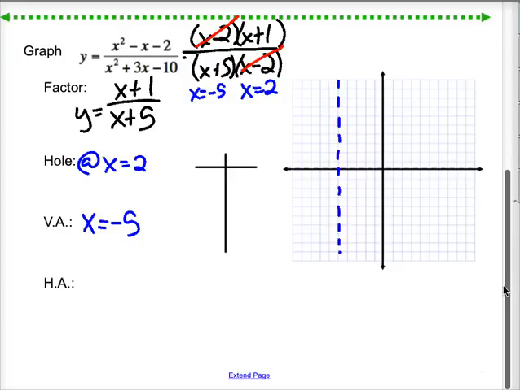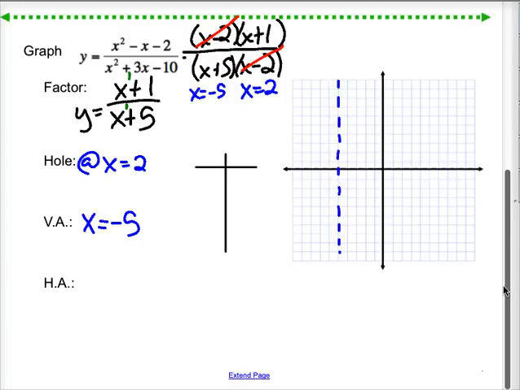Horizontal asymptote. Now, because there were cancellations, I don't have any parentheses left in my function. So I can actually use my new function to compare the degrees. I just can't have there be any factored form, but here it canceled out, so my form looks nicer. So I can actually use my newest form.